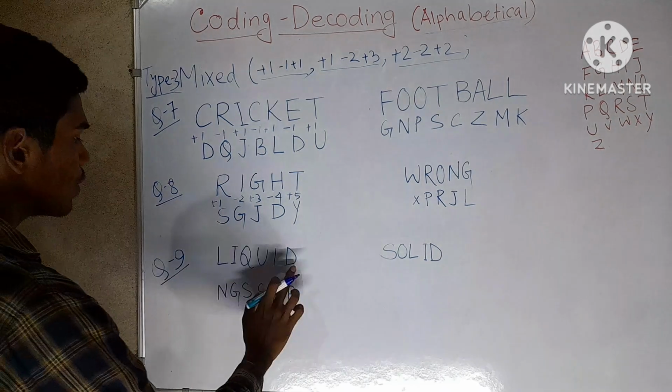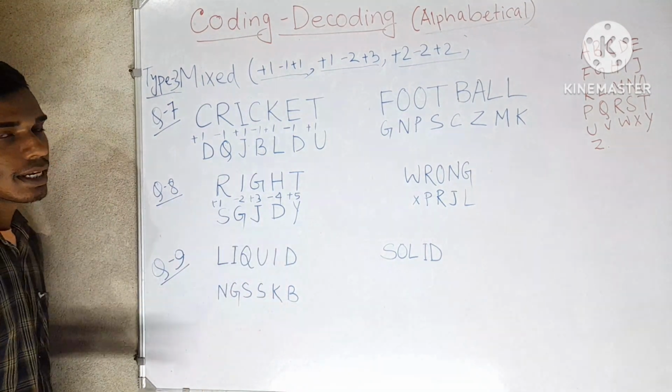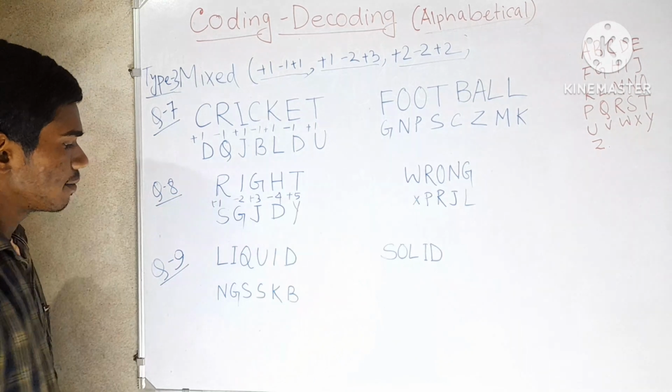If the code for liquid is NGSSKB, then what is the code for solid?